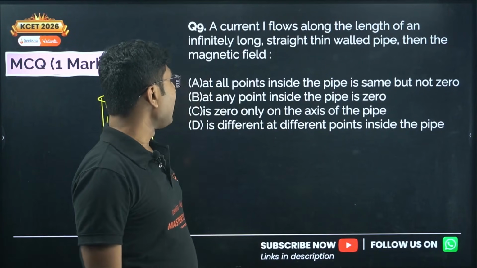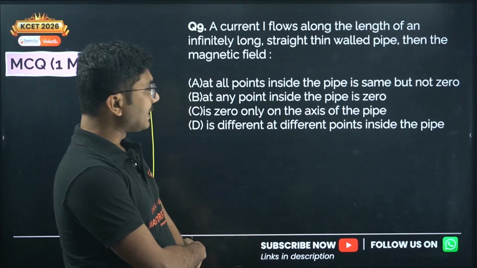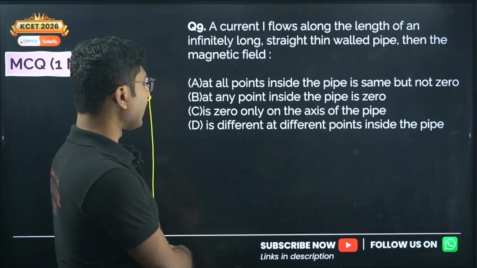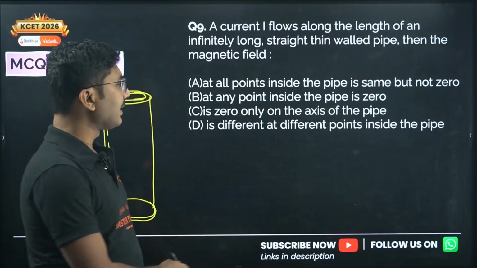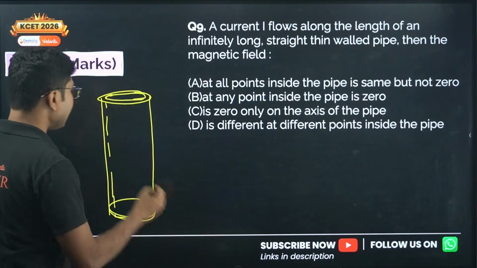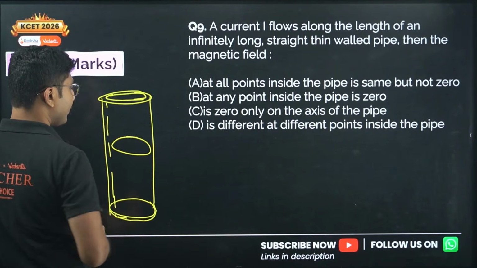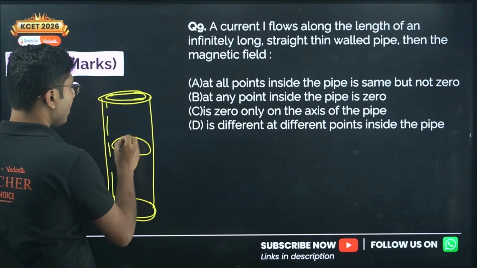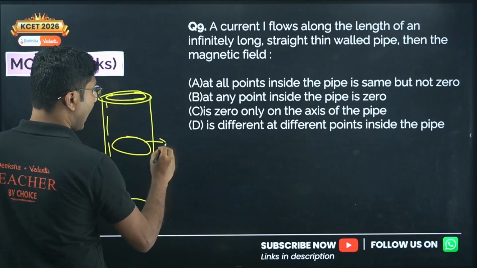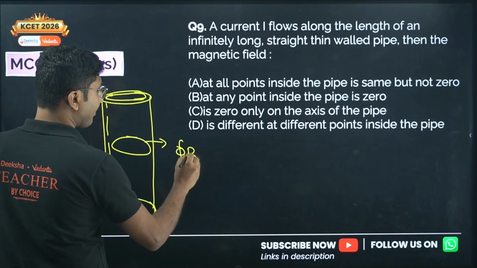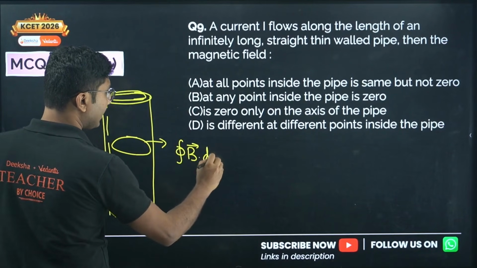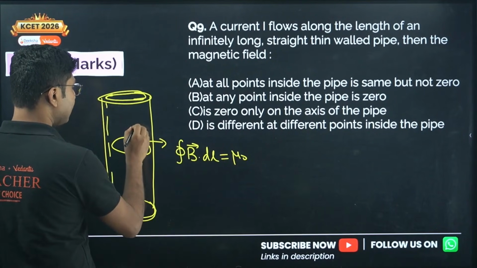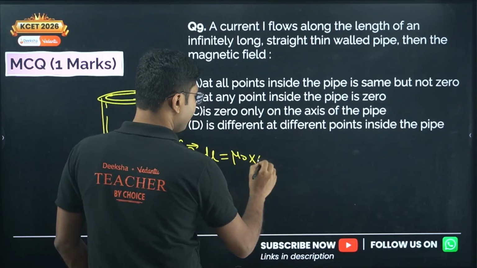The options are: the magnetic field at all points inside the pipe is the same but not 0; at any point inside the pipe it is 0; it is 0 only along the axis of the pipe and different at different points inside the pipe. So we are considering any point inside the pipe. Because the wall is very, very thin, if you construct a loop inside and apply Ampere's circuital law, the integral of B dot dl equals mu naught times the current enclosed through this area, which is 0.